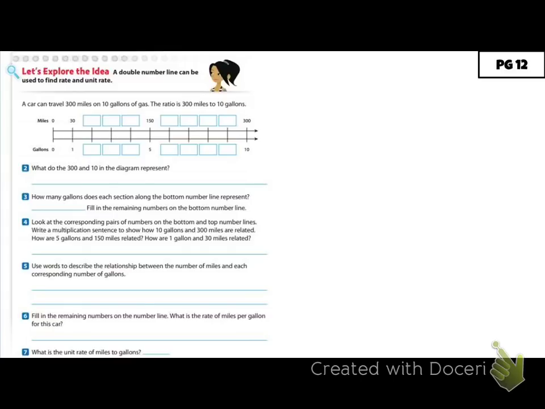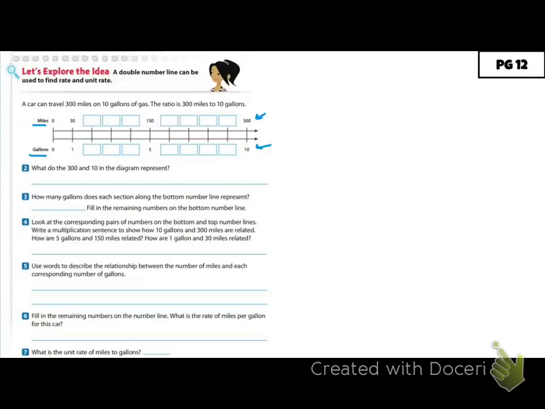So let's explore this idea a little more. A car can travel 300 miles on 10 gallons of gas. The ratio is 300 miles to 10 gallons. Here you can see we have a double number line that is explaining our comparison of miles to gallons. On the top you can see that we have 300 miles to 10 gallons.